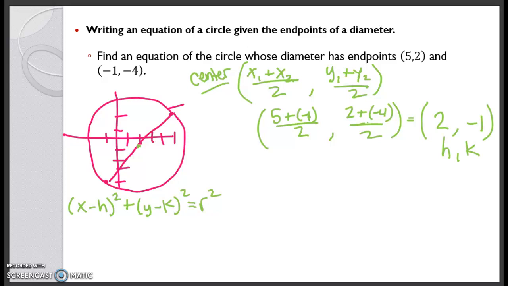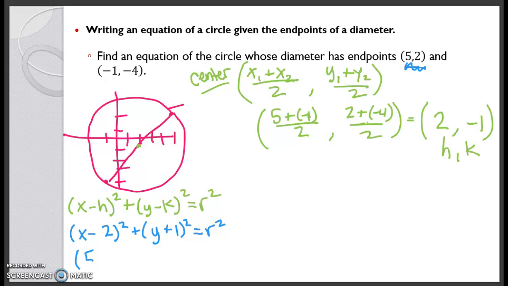So I know one of my points is at (5, 2). So let's use this equation where I plug in, first let's plug in h and k. Now I have y minus -1, so that's going to turn into y plus 1. And then I'm going to use this point here to find r squared.